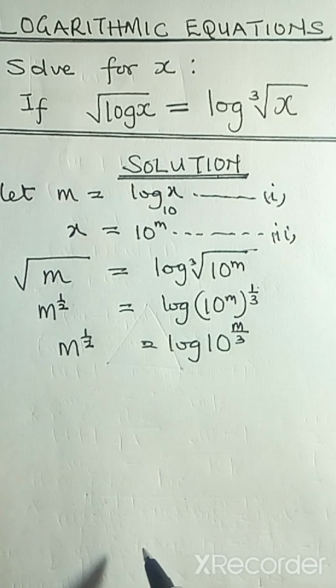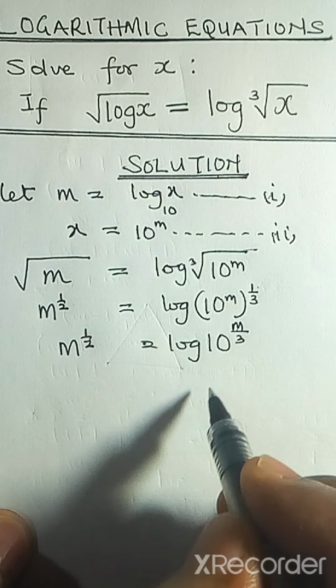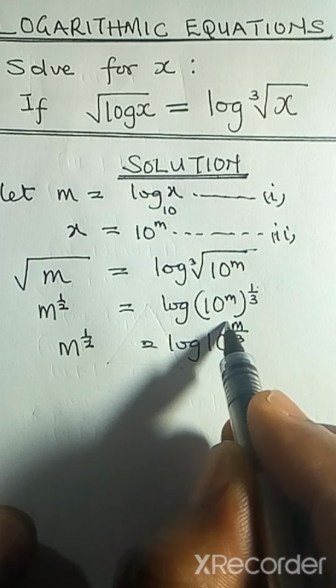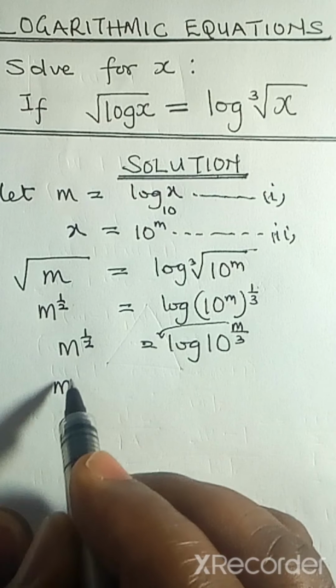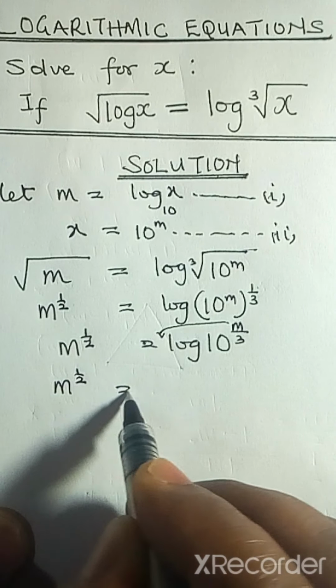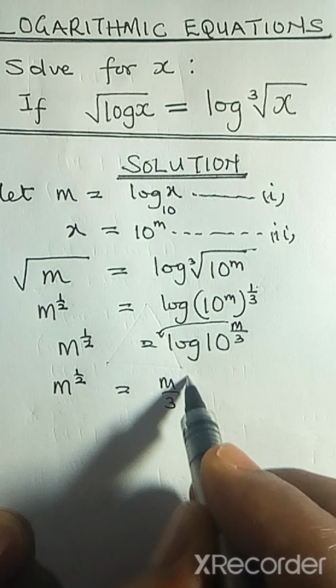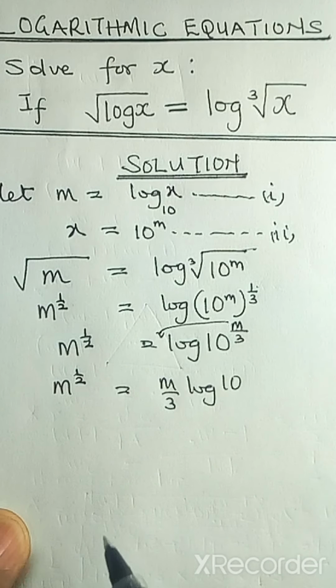All right, now applying the power law of logarithm to this side, this power will come here, so that we have m power 1 over 2 equals m over 3 log 10.